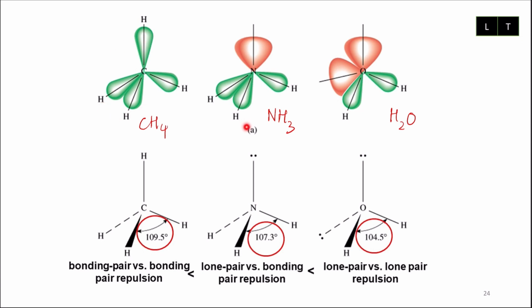Tetapi untuk NH3 dan H2O, molecular geometry for NH3 and H2O bukan lagi tetrahedral. Hanya basic shape sahaja. Kenapa molecular geometry dua molekul ini berubah? Ini kerana NH3 ada satu lone pair. So saya guna orange ni, ini area untuk lone pair. Dan water, dalam previous slide kita ada dua lone pairs.